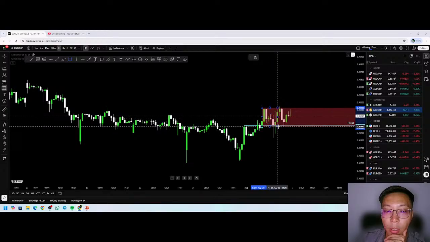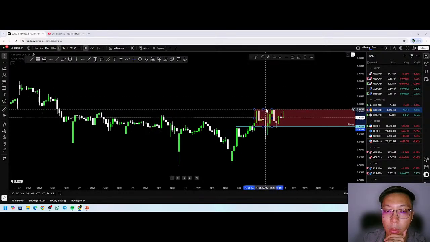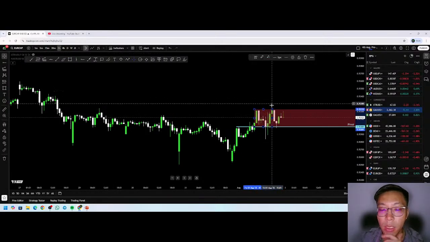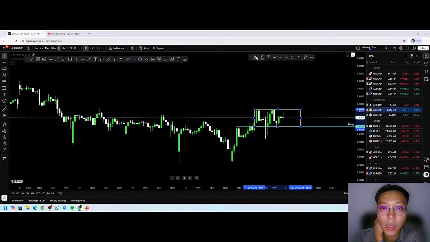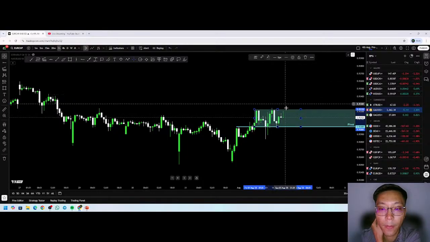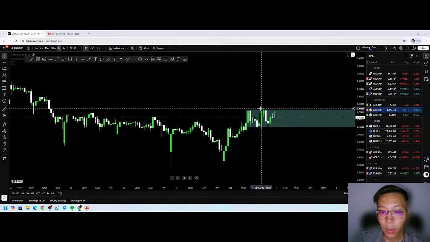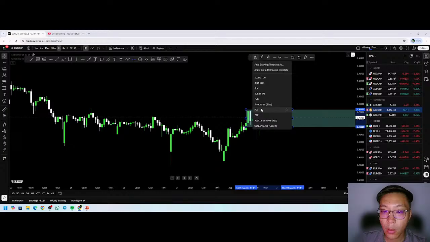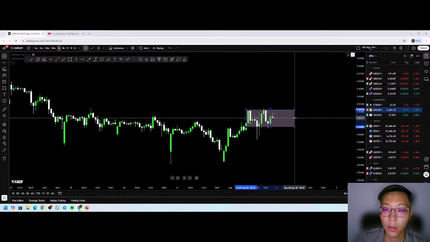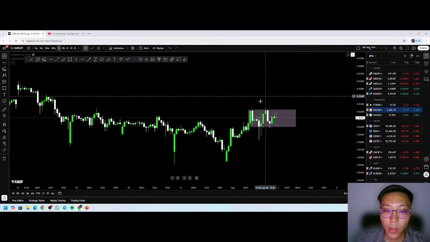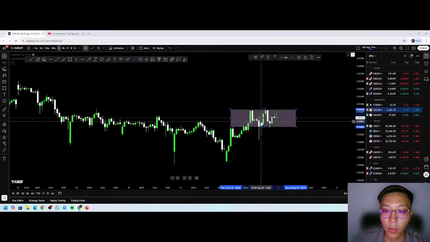Because price is still within this area. Okay, price is still within this pivot area. Alright, so price is still trading within this area over here.